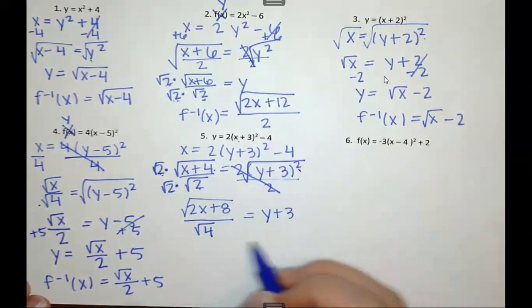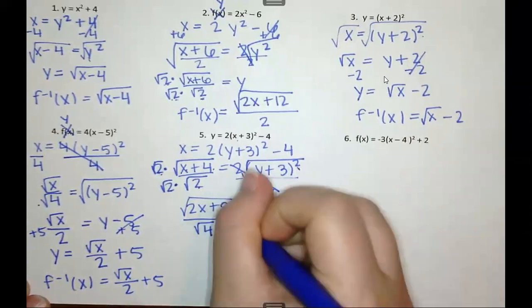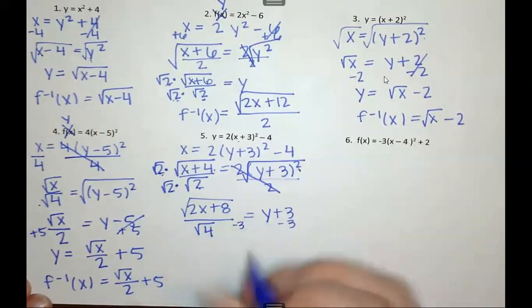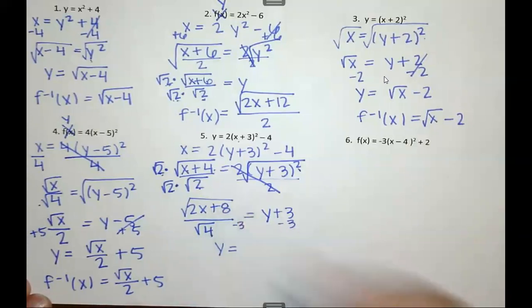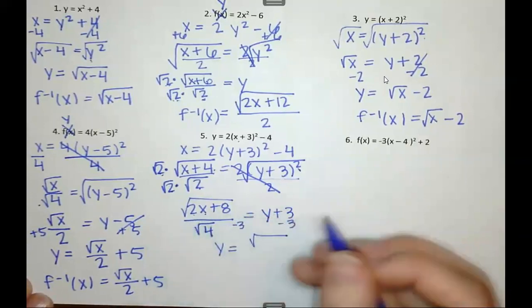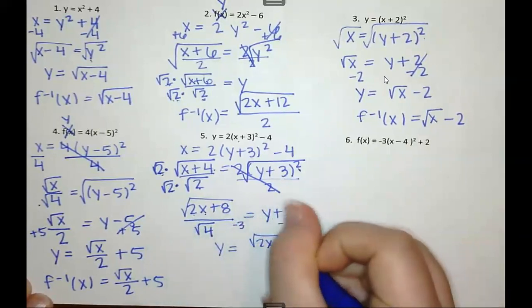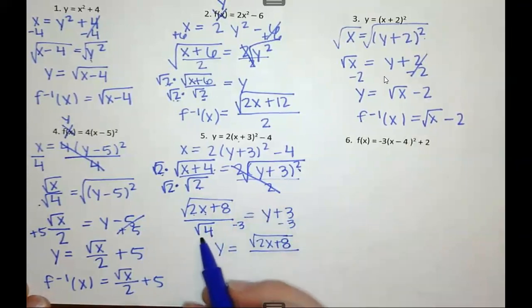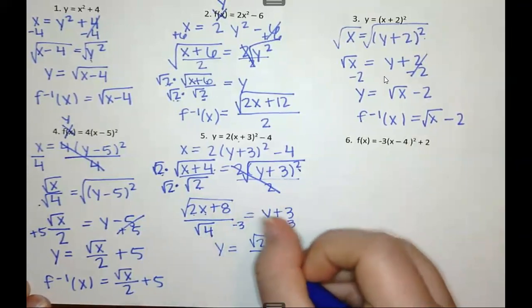So now I have to move that 3 over by subtracting it. So now I'm going to move my y over and write it on the left. So I'll have the square root of 2x plus 8 over what was the square root of 4, but the square root of 4 is just 2.